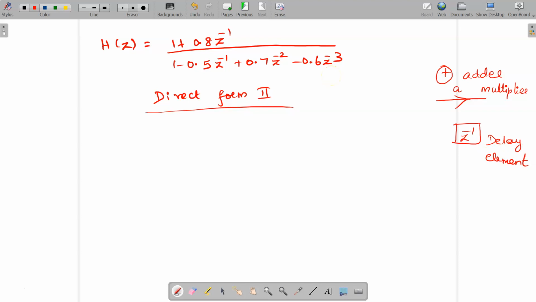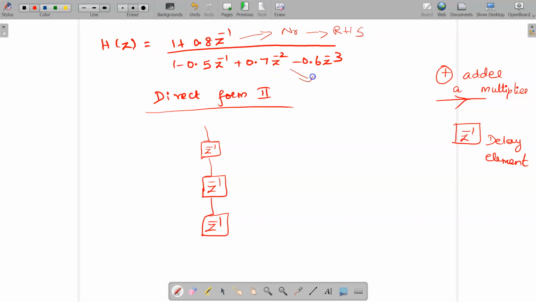For z^-3, take that in the middle. z^-3 means 3 times you have a delay element, so you have to draw the delay element 3 times: z^-1, z^-1 and z^-1. Whatever you have in the numerator, we have to draw on the right hand side part.